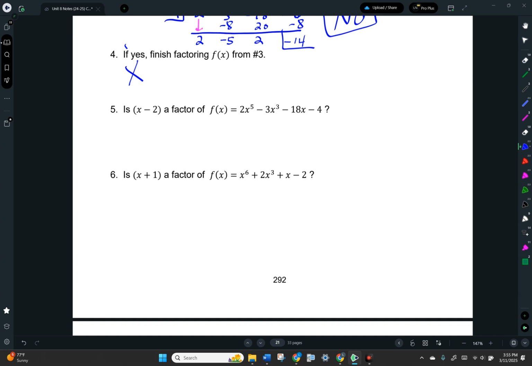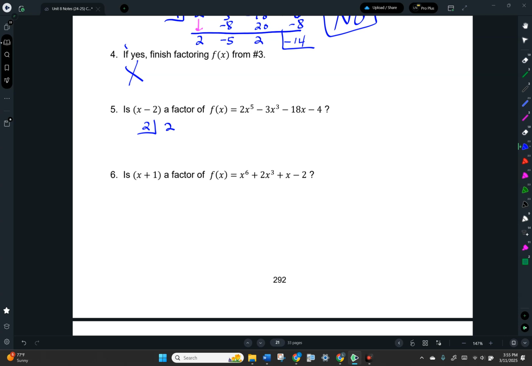Is x minus 2 a factor? Okay, now here's something you need to be careful of. Because it's a minus 2, yes, you bring down a positive 2. But remember how I said you're only writing the coefficients. That's true, but you got to make sure every exponent of x is accounted for. So like I can put a 2 here for the x to the 5th, but do you see there's no x to the 4th?